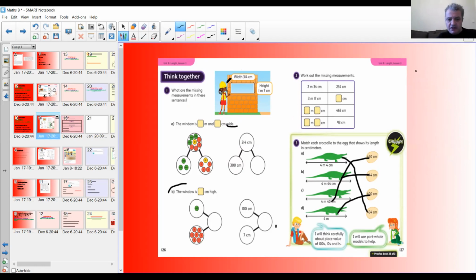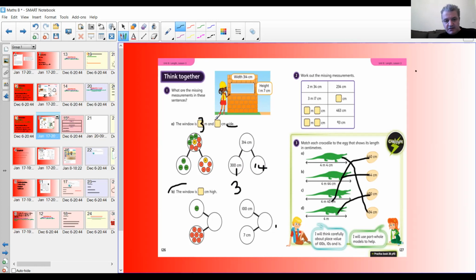Okay, so the window is 314. So if I break that down, that 314 into a 300 and a 14, just like that. What's 300 centimeters in meters? It's 3. So therefore, my answer is 3.